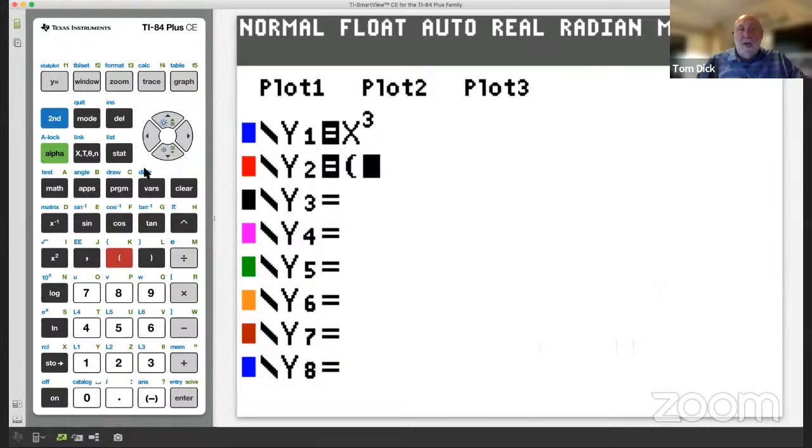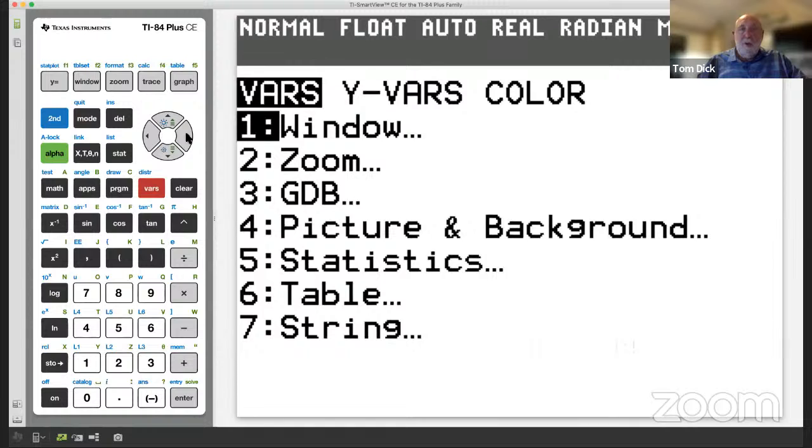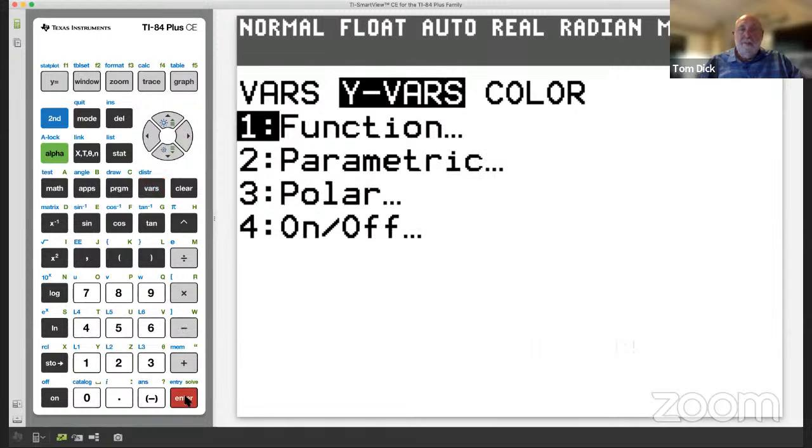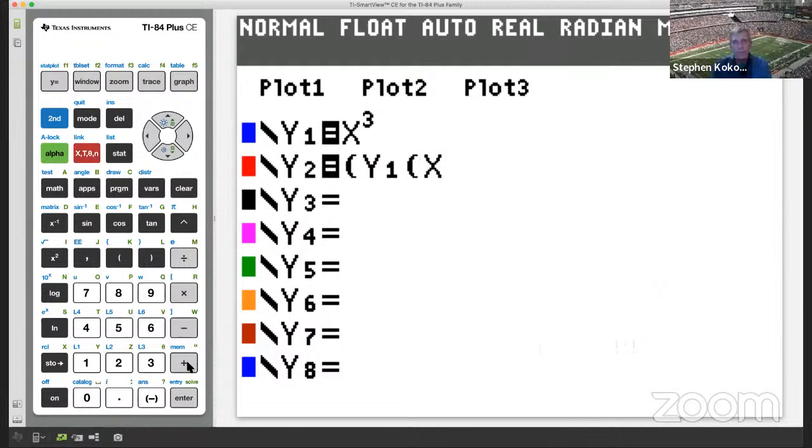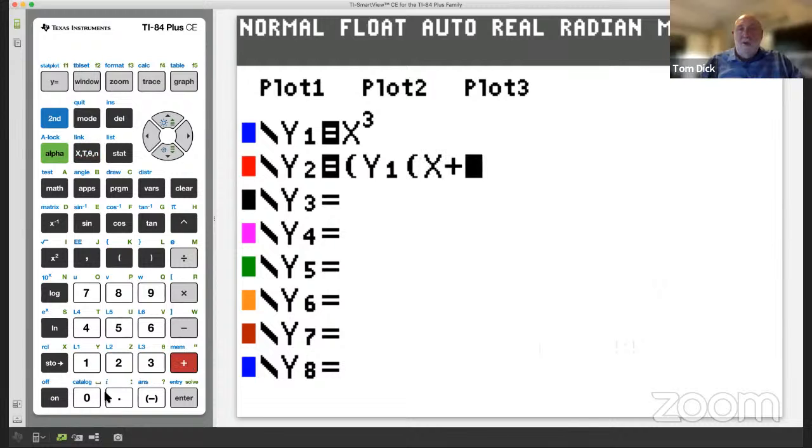Let me pull out y1 from the y variables. I'm going to evaluate y1 at x plus 0.1. What I'm doing is I'm at an x value, and I'm imagining moving 0.1 to the right. And then I'm going to subtract y1 of x.